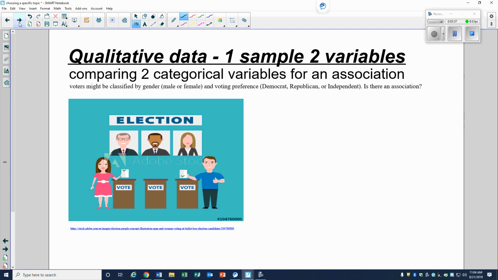Another thing that could happen with a qualitative variable is if I have 1 sample, but I'm actually interested in 2 different things about that sample. So you're comparing 2 different categoricals. Well, this one's kind of weird. I've got 1 sample of people, but I am looking at 2 different things about them.